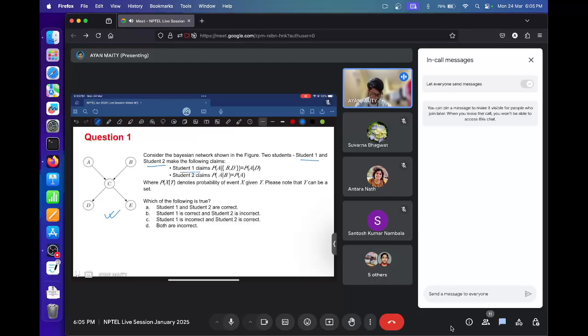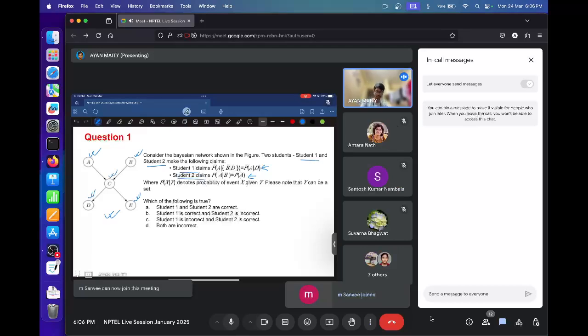Student 1 claims that probability of A given B comma D is probability of A given D. And student 2 claims that probability of A given B is probability of A. These are the variables A, B, C, D, E given in the figure. So these two students make claims regarding the independence of these five variables A, B, C, D, E.